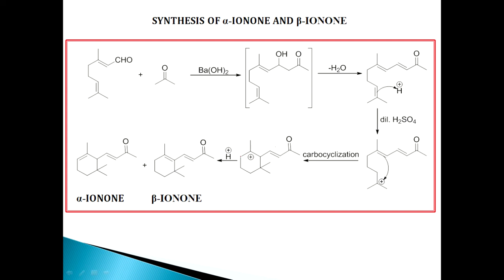We can remove the proton from the carbocation here and here also, on both sides of the carbocation. So it produces alpha ionone and beta ionone. Among these two ionones, beta ionone is the major product.